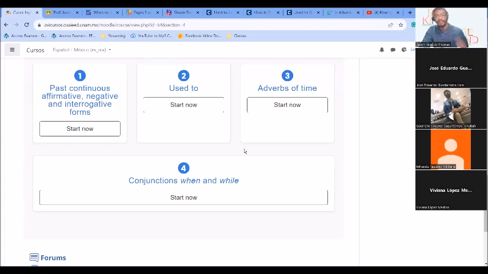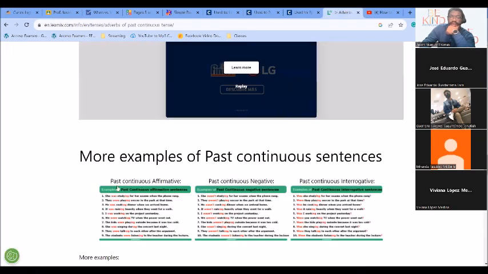All right, so first things first. Adverbs of time, when and while. When we think of adverbs of time, we think of words, you'll see them here, that help us to establish something about our action.